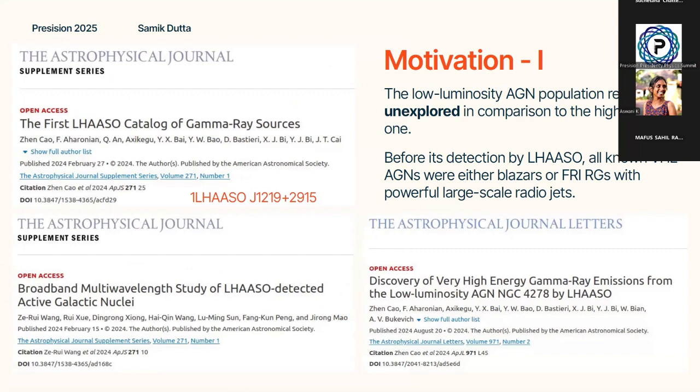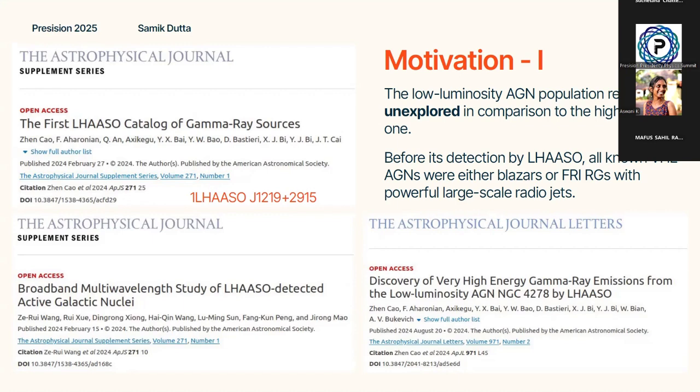In this new catalog, they talked about discovering many new PeVatron sources as well as new sources of gamma rays. One of the sources which interested us was 1LHAASO J1219+2915, which they have associated with a low luminosity AGN. Before the detection by LHAASO, all known very high energy emission AGNs were either blazars or FR1 radio galaxies with very large scale powerful jets.